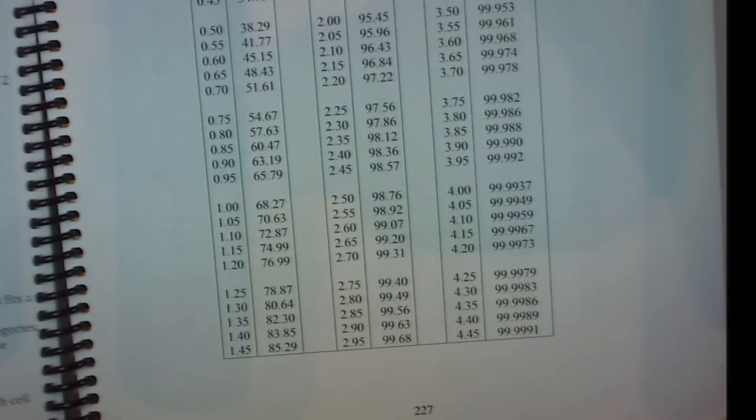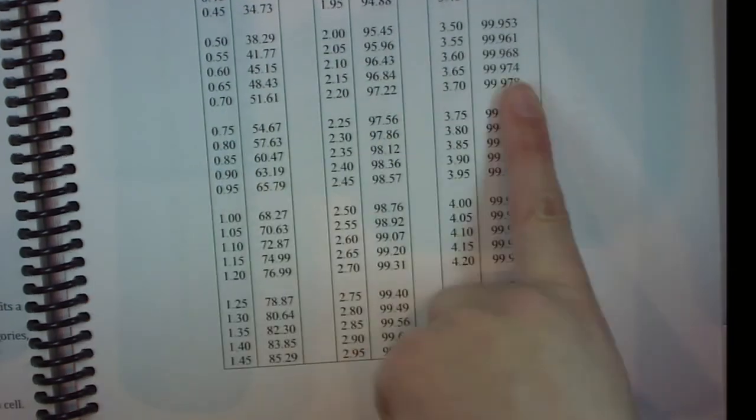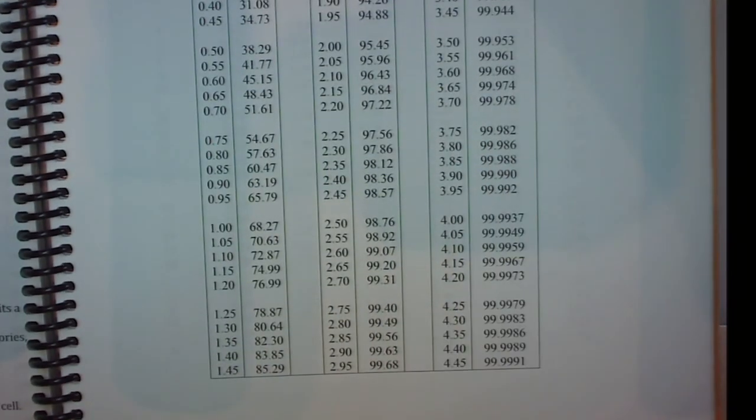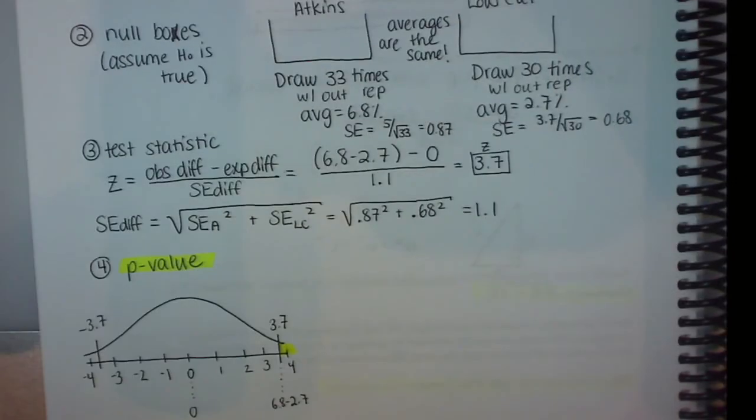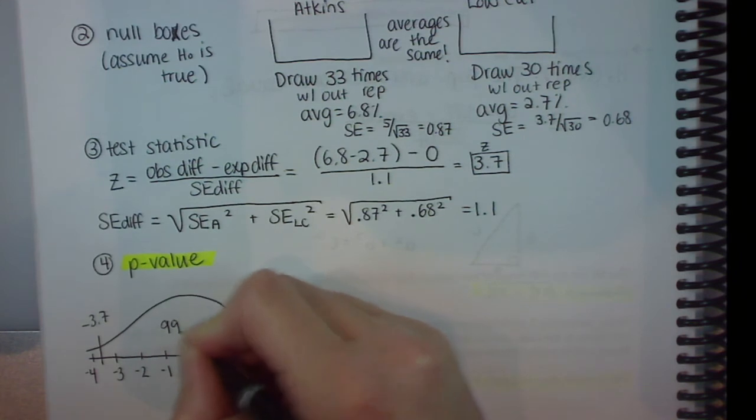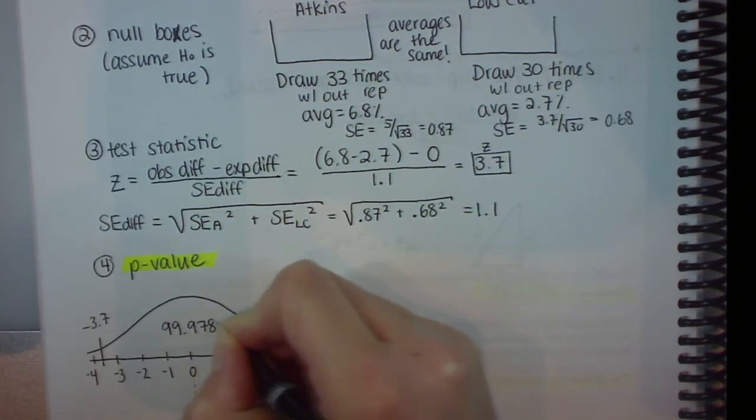So here it is. Here's my normal table. Here's 3.7. The middle area is 99.978. So if I go back here, 99.978%.